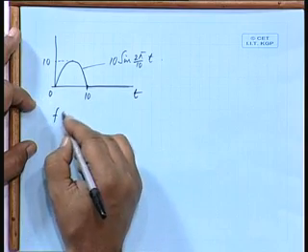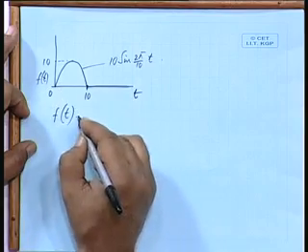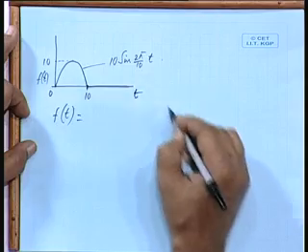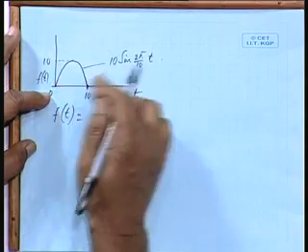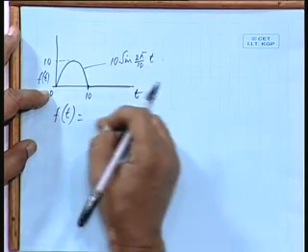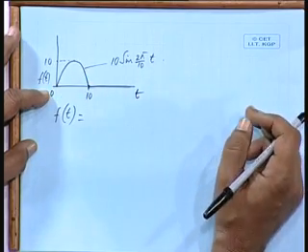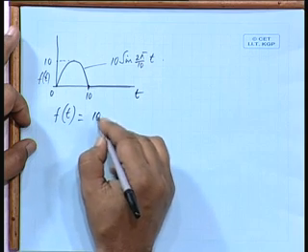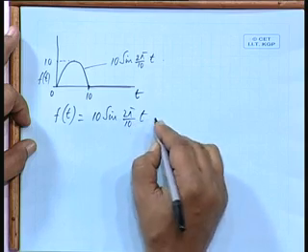So, how do I write f t? If this is f t, if I write a function like this, then it will continue, but I am taking only one part of it. I have shown the expression for only this part, but the actual function is like this, is it not? If I write like this only, then it will continue. So, what should be f t? 10 sine 2 pi by 10 t minus what?